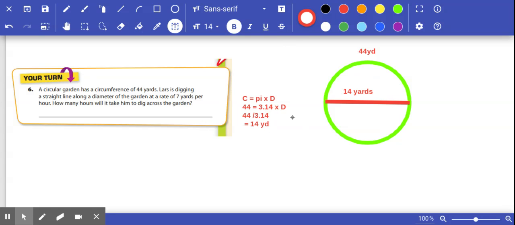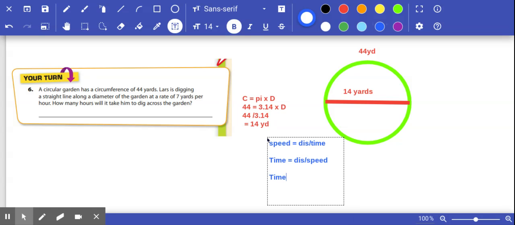All right, so now we have to figure out how long it's going to take him. Again, we're doing a speed problem here, so I'll use a different color and write it out. We know that speed equals distance divided by time. If we need to find time, it's going to be equal to distance divided by speed.